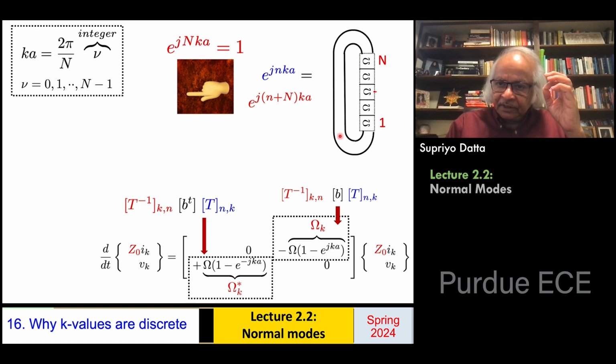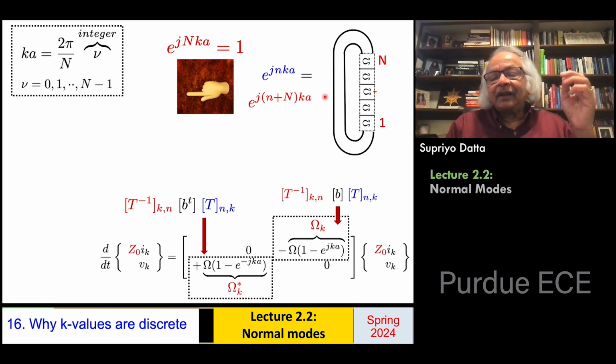But because it's periodic, if I add capital N to this, I should get the same number again, because they both represent the voltage on the small nth section. Adding capital N shouldn't make a difference because it's a ring.